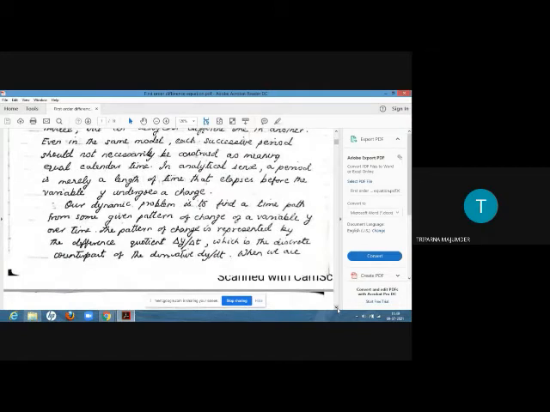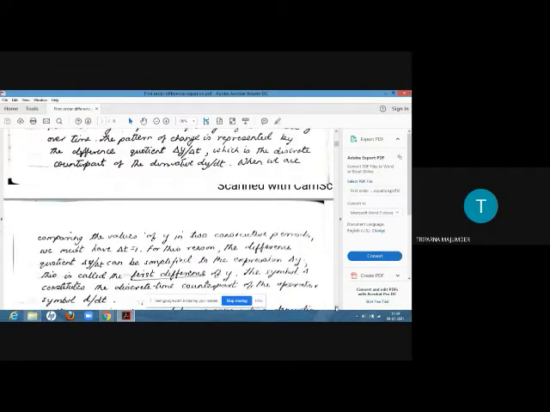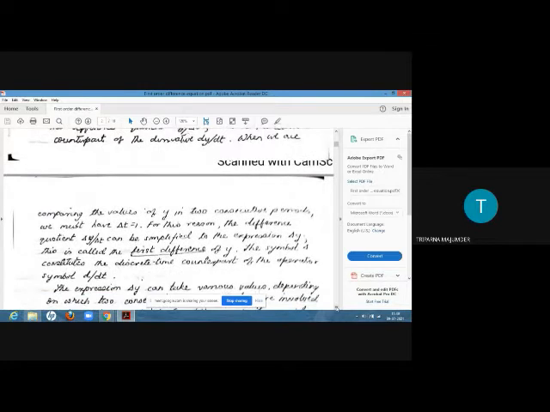Now, a dynamic problem is to find a time path from some given pattern of change of a variable y over time. The pattern of change is represented by the difference quotient delta y by delta t, which is the discrete counterpart of dy/dt, which you already know. We are comparing the values of y in two consecutive periods.